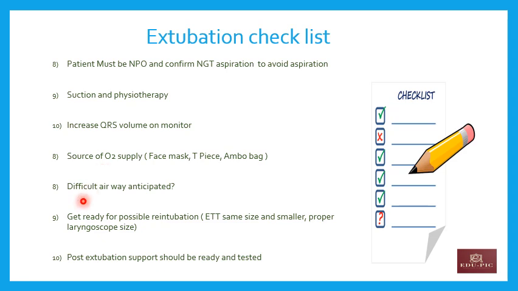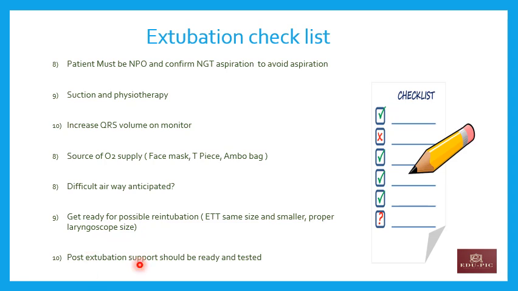And if this patient is known to have a difficult airway, you should be aware of this, then you can be ready. Get ready for possible re-intubation because sometimes it's unexpected, so you need to know what the size of the ETT tube that the patient has at that time, and we can prepare one smaller tube. Prepare a good laryngoscope appropriate to the age and weight.